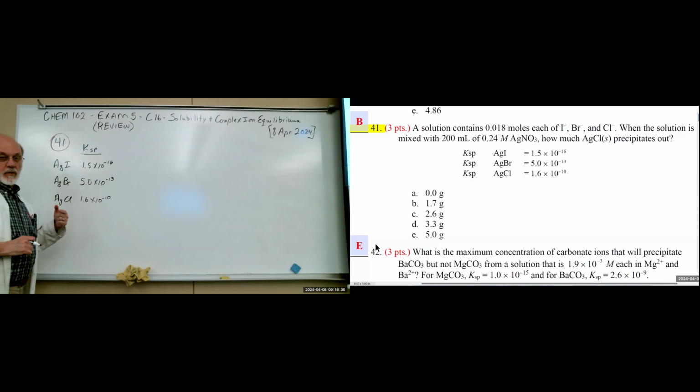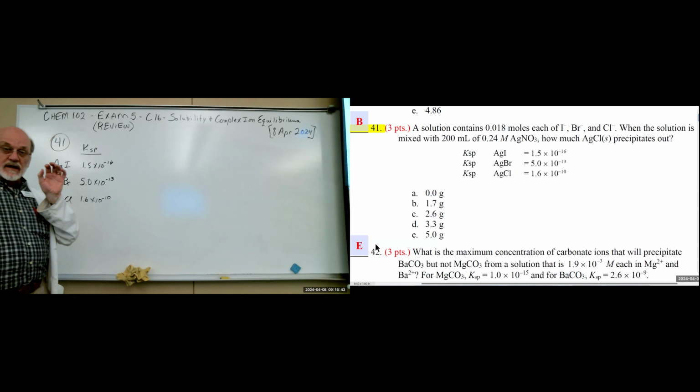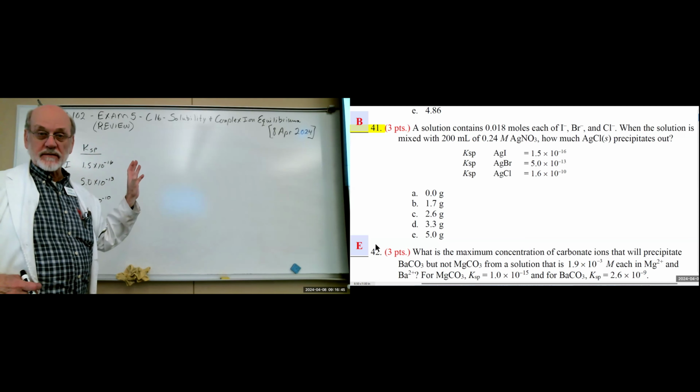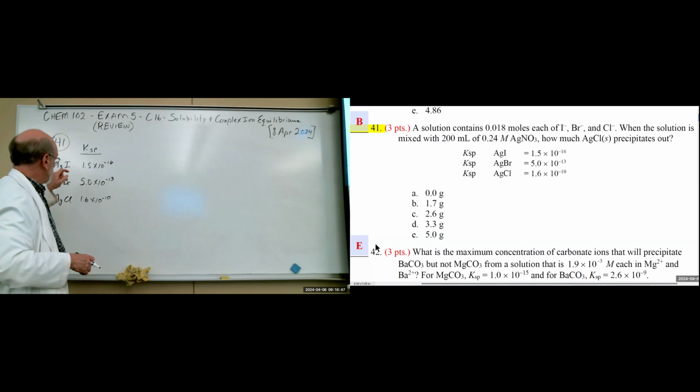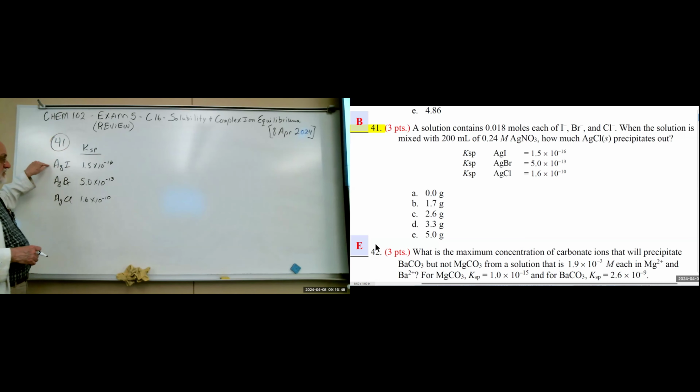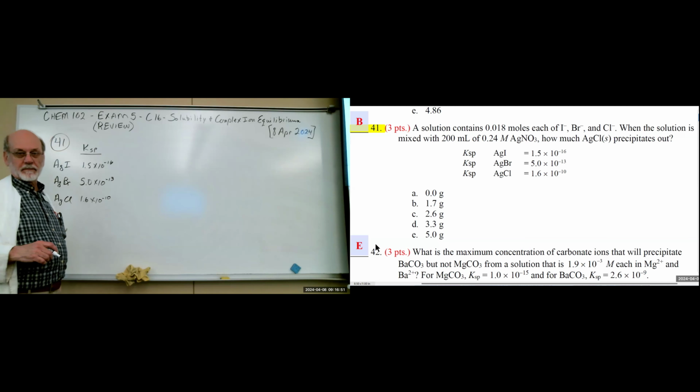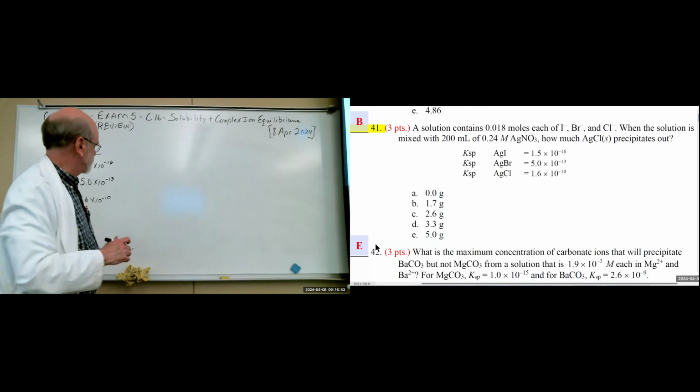That means silver chloride is more soluble than silver bromide, which is more soluble than silver iodide. So when we add the silver nitrate to this solution, it's going to precipitate all of that, I think 0.018 moles of each one.